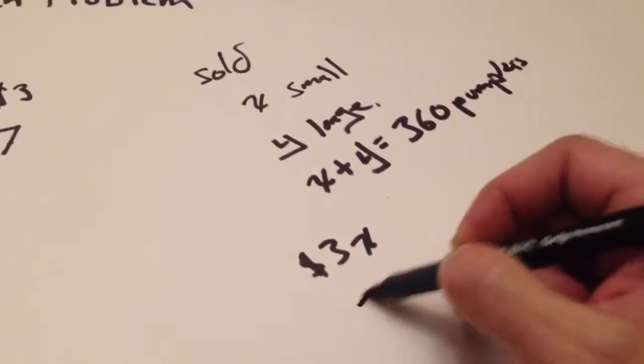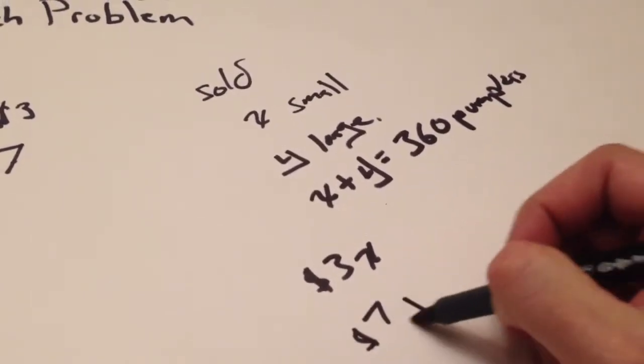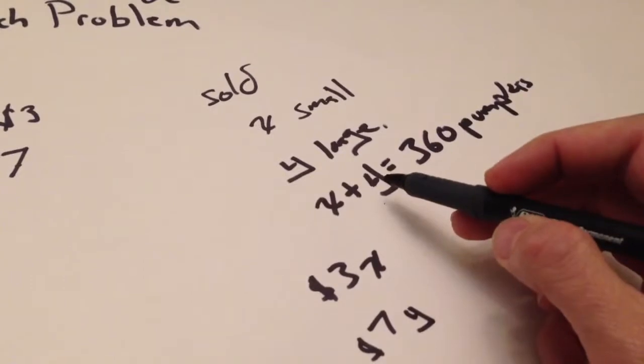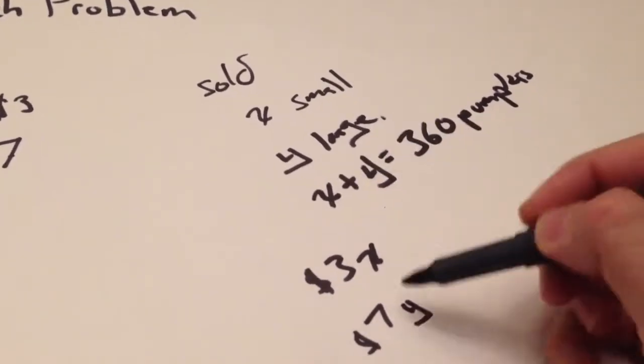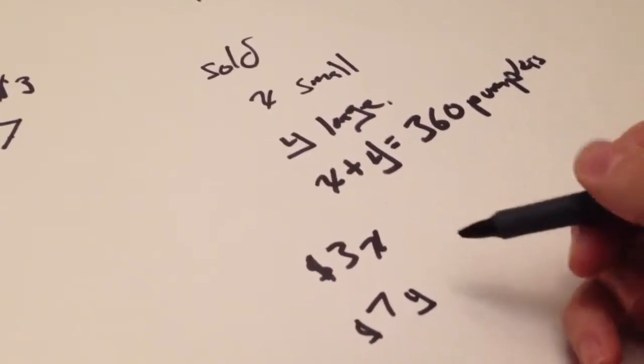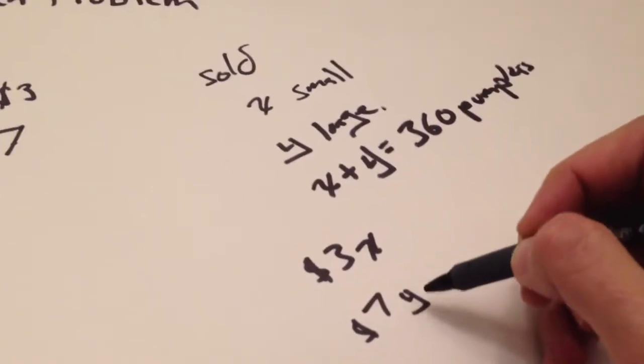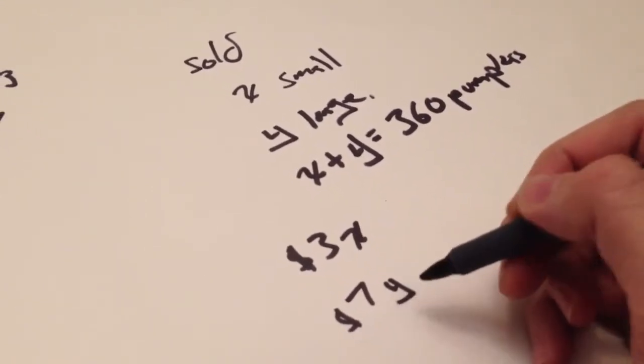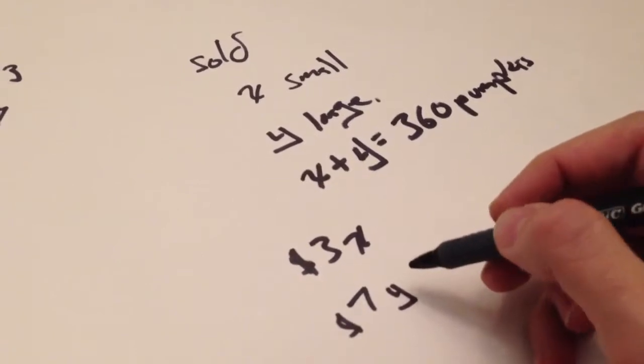And if we multiply $7 by Y, because Y is the total number of large pumpkins that we sold, then we know that's how many dollars of large pumpkins that we sold.